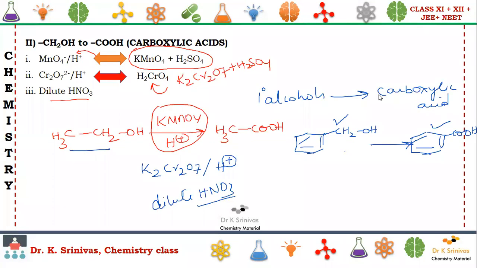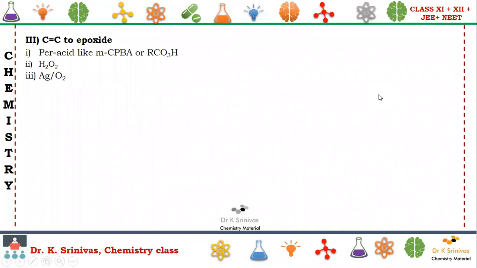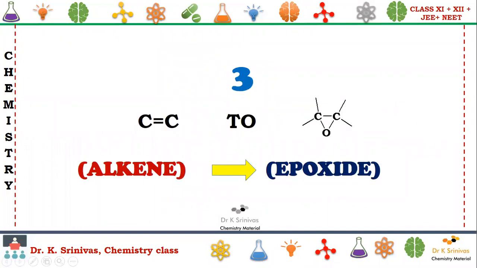Now I'm going to the third one. What is the third one? Here we are going to convert alkene to the corresponding epoxide. How are we going to convert? We have only limited reagents under this category. Before going into that, I have a small question.